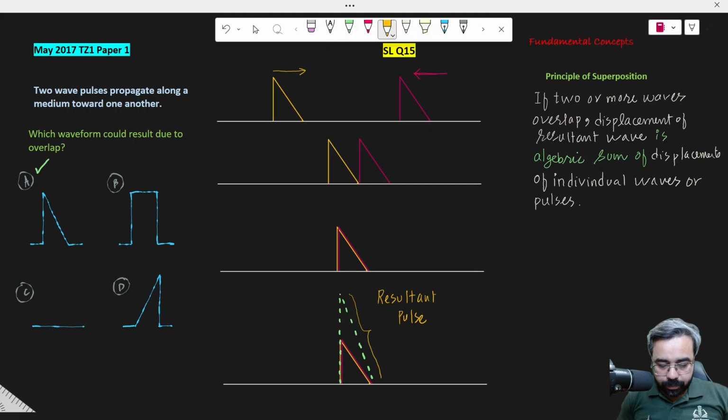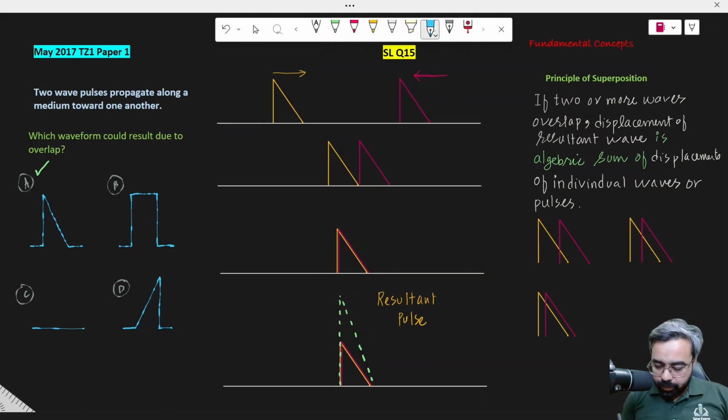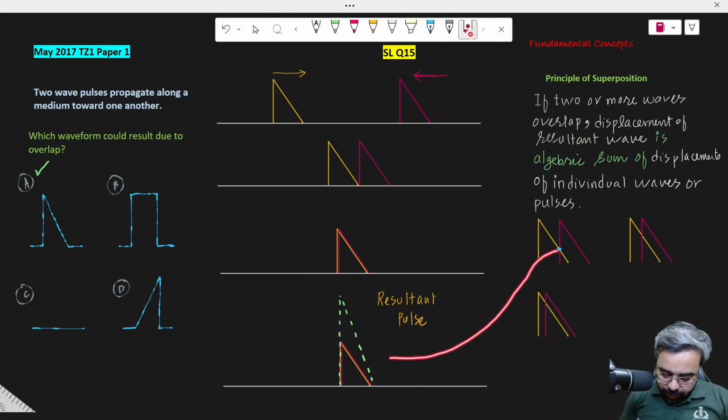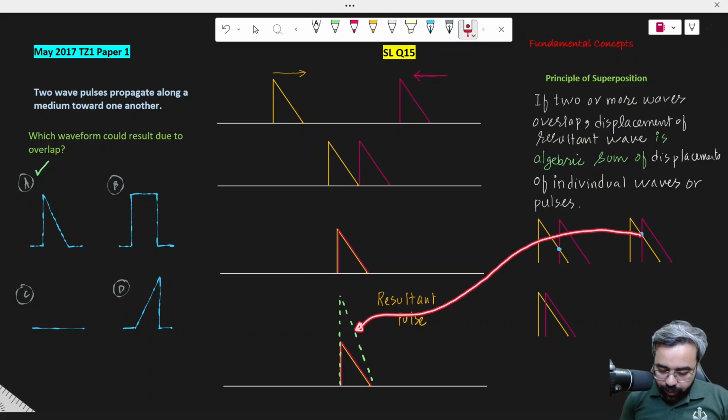To clarify this concept, I am showing you the three shapes which happen at three different times when they were getting close. At the initial time, they are at this point, so both displacements will add, and they will give you this point of the resultant wave. Now when they get closer, if you add the individual displacements, it represents this point of the resultant wave.